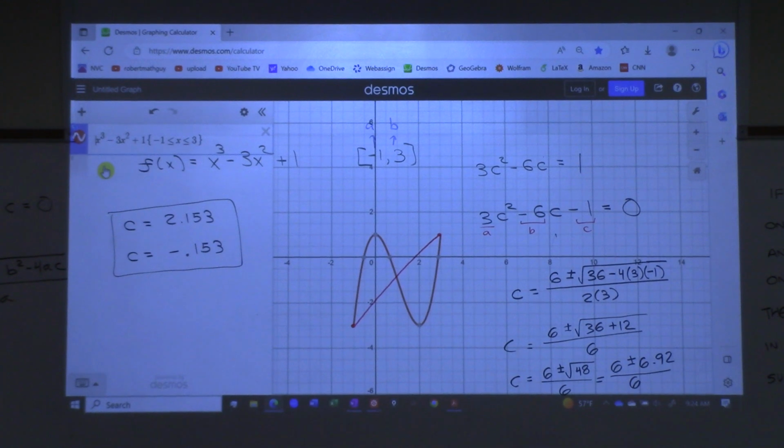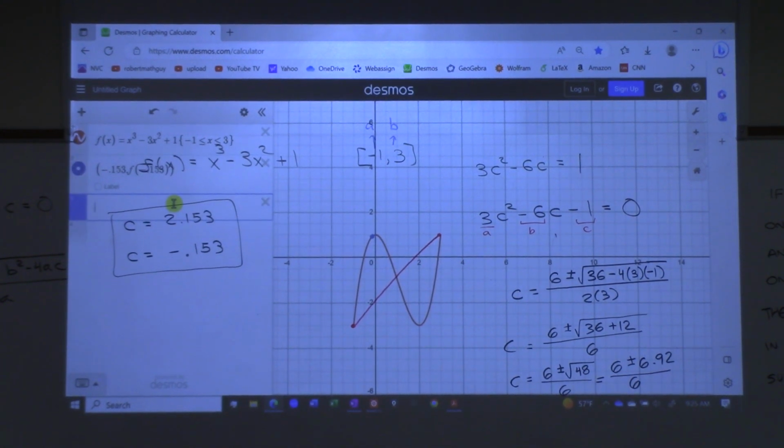So I'll be kind of precise about this. F of x equals that. Okay, and now I want to plot. What did we get? Let's go with the negative one. Negative 0.153, right? Something like that. F of negative 0.153. Right there. Okay, that point right there. What we're saying is that if you were to get the tangent line right there, you would have parallel.